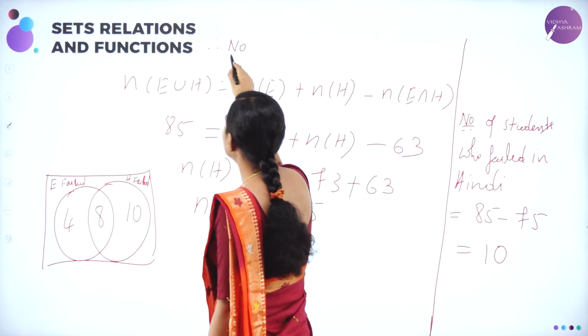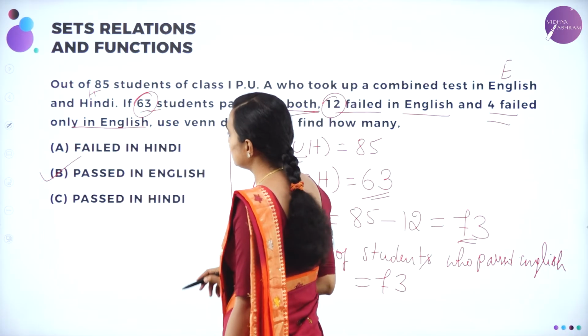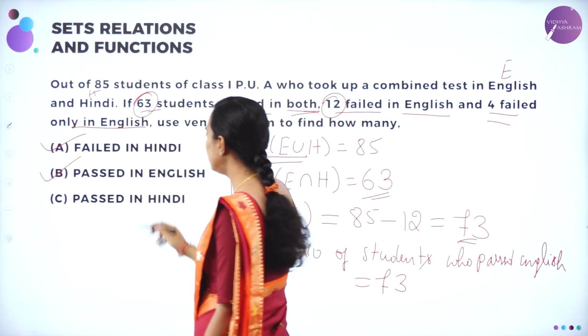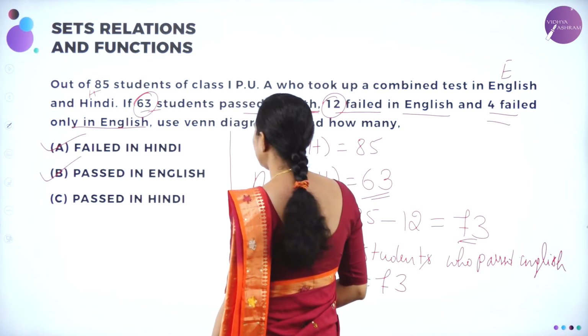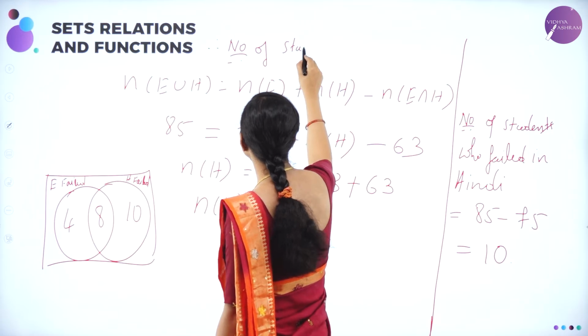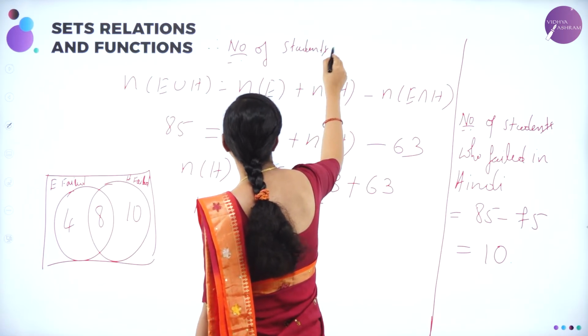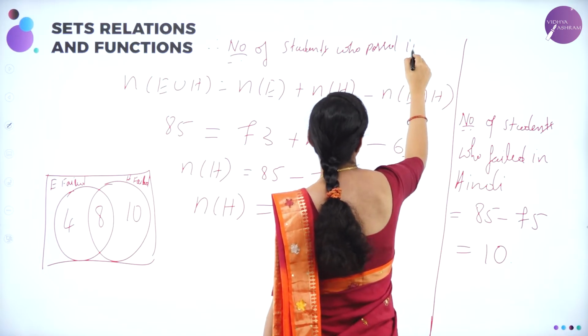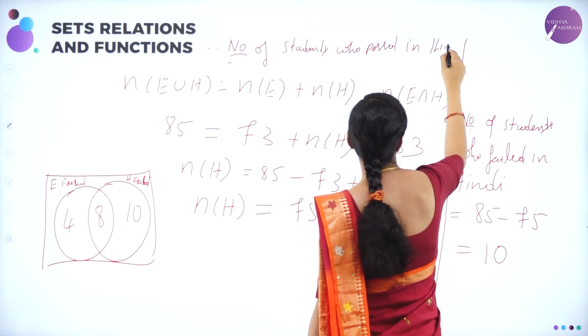Therefore, the answer you can write for that one. What is it that they have asked? This is over. Failed in Hindi, we got it as 10. Who passed in Hindi is nothing but, we need to find now, the number of students who passed in Hindi only.